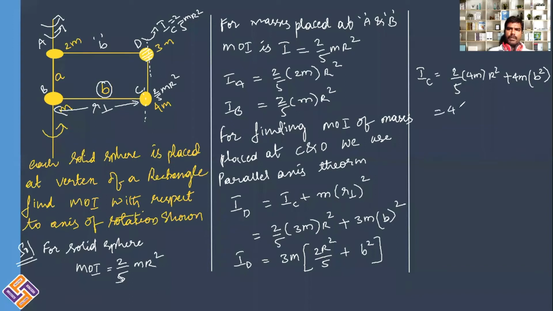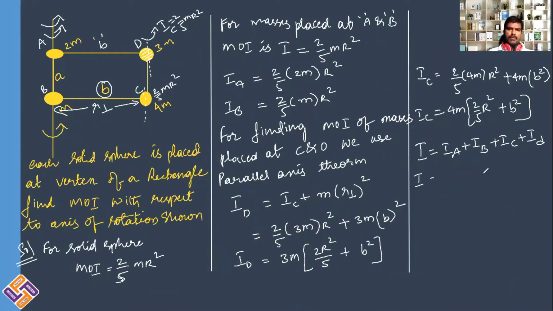This is 4m into 2 by 5 r square plus b square. This is I_C. The overall moment of inertia I is equal to I_A plus I_B plus I_C plus I_D.